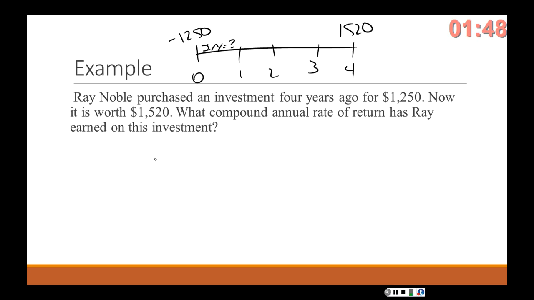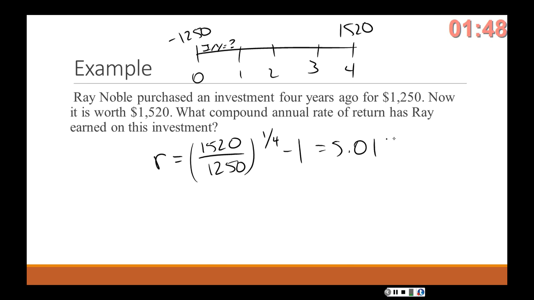We could use the equation. The interest rate is equal to the future value 1,520 divided by the present value 1,250 raised to 1 over n, which is 4, minus 1, and you get 5.01%. He earned 5.01% per year.